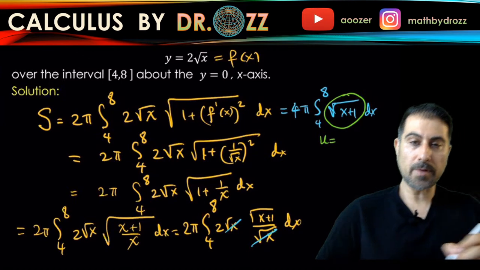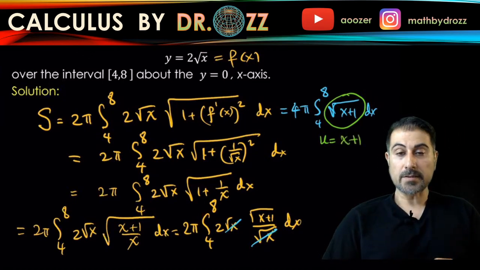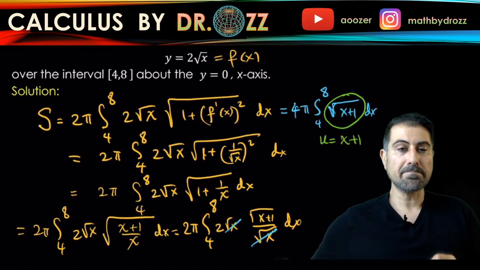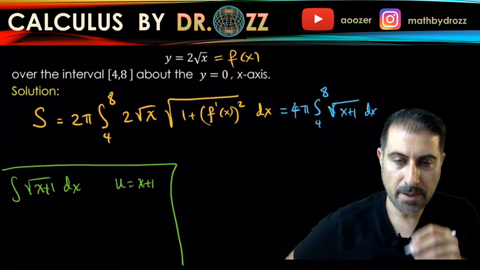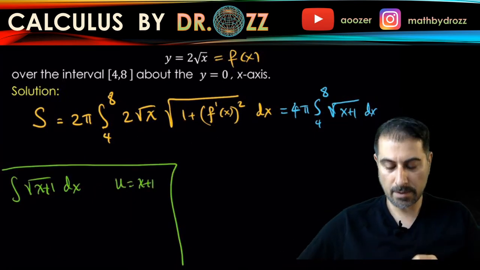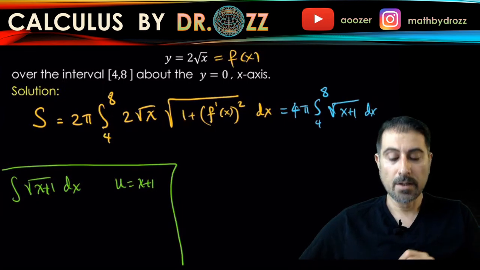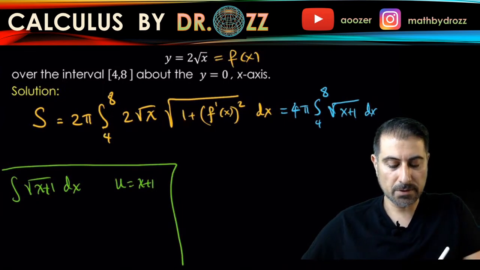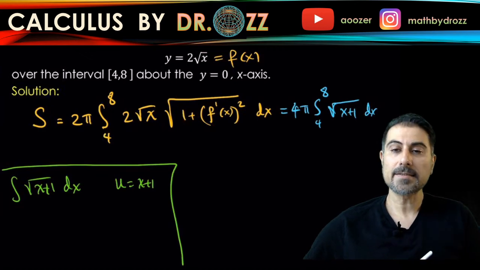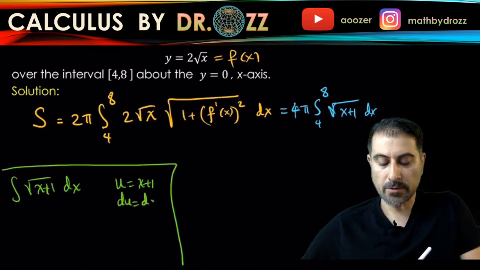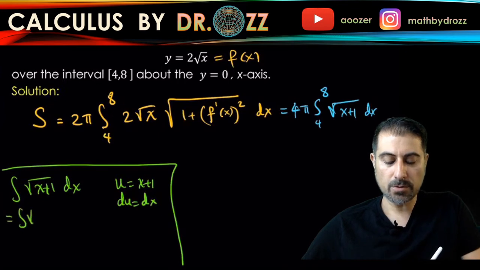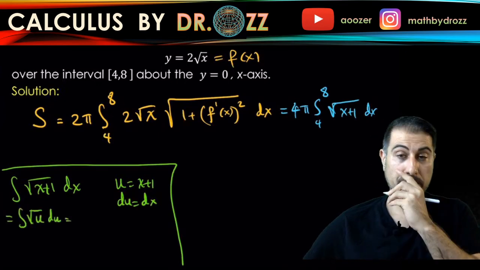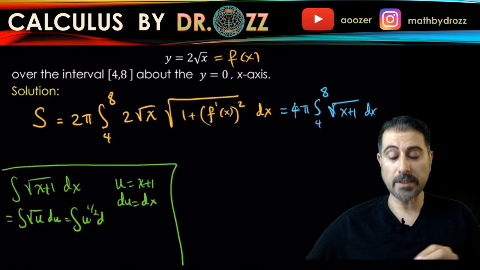As I erase the unnecessary part of this slide, I'm going to do the integration process here for the indefinite integral. I'm going to call u to be x plus 1 so that du equals dx. So this integral turns out to be radical u du, in other words, u to the 1/2 du, and use the power rule for integration.